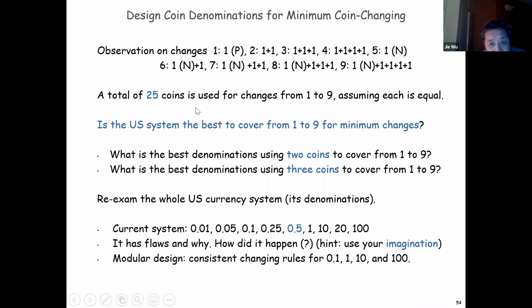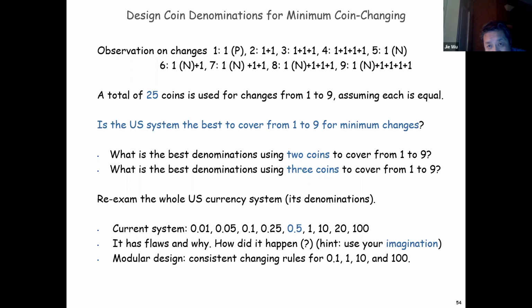6 is 5 and 1. 7 is 5, 1, 1. So it's 3 coins for 7. 8 uses 4 coins, and 9 uses this one. Actually, the disaster is where you can probably imagine. What happens if you have to change 99 cents?